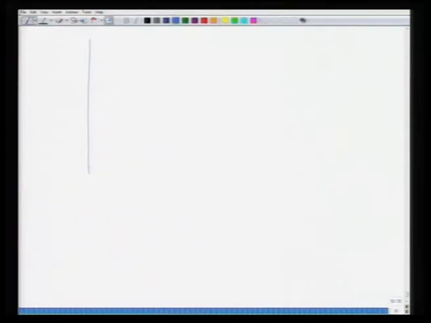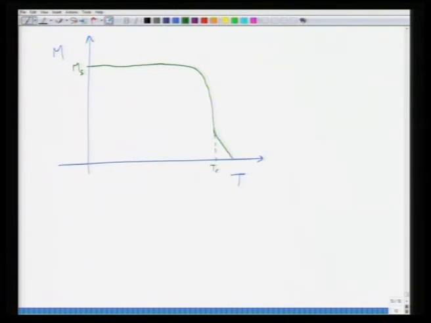So, as a result, when you plot this magnetization versus temperature for a ferromagnetic material, this shows the following trend. So, you have magnetization starting at ms, and this magnetization drops to, so you would expect a transition temperature, and because of Curie-Weiss behavior, it dies off slowly near Tc.